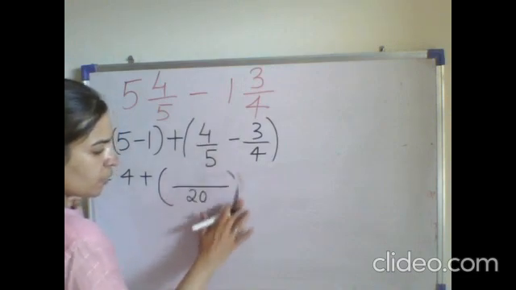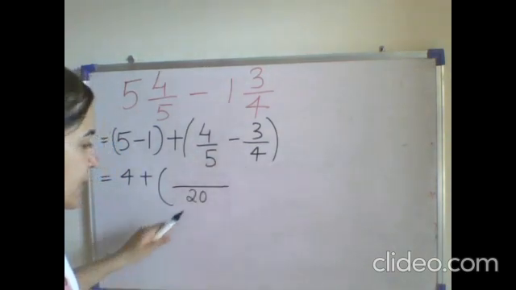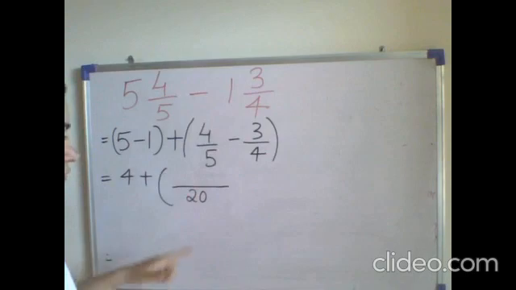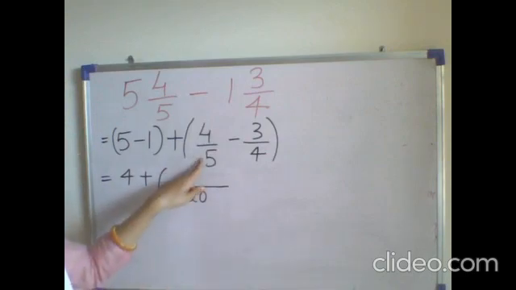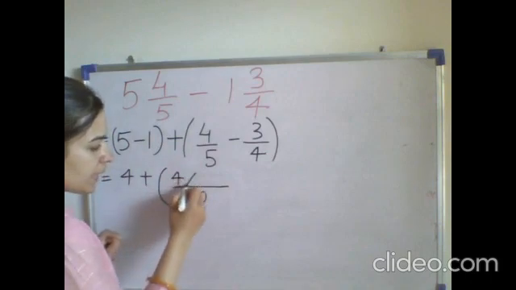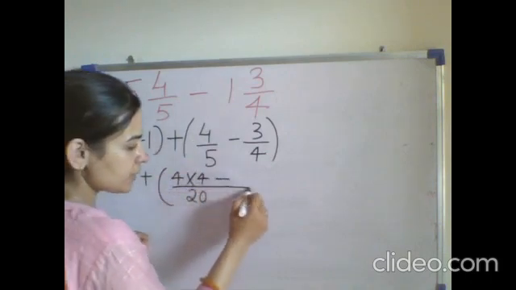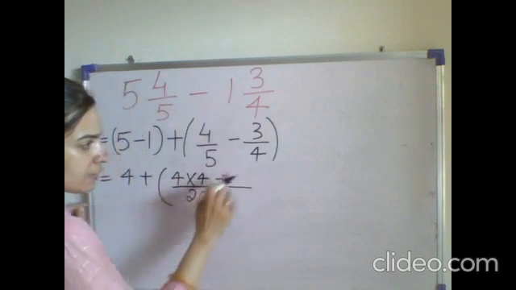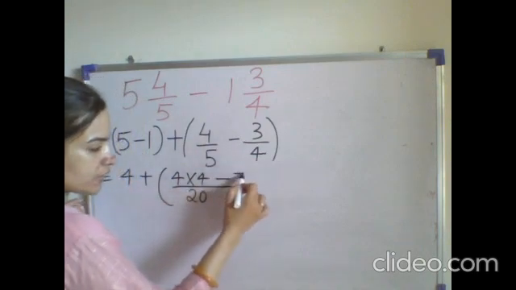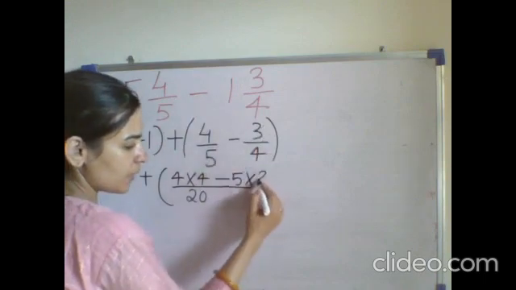Now what do we have to do? 20 divided by 5, we get 4, multiplied by the numerator. The numerator is 4, minus 20 divided by 4, so it is 5 multiplied by the numerator. The numerator is 3.